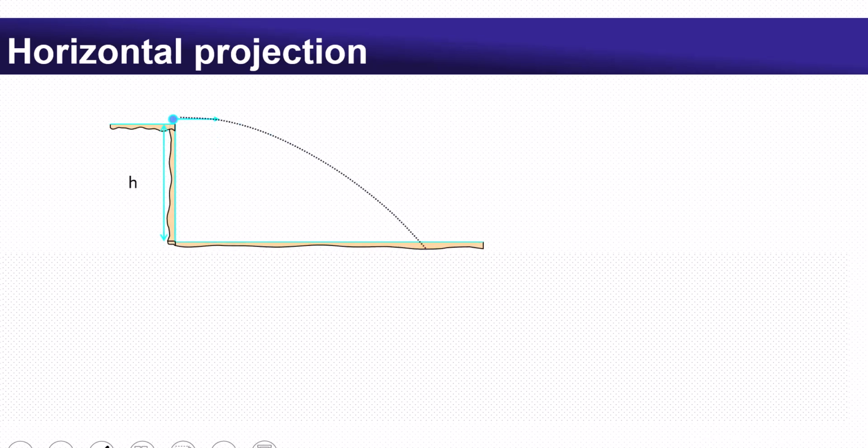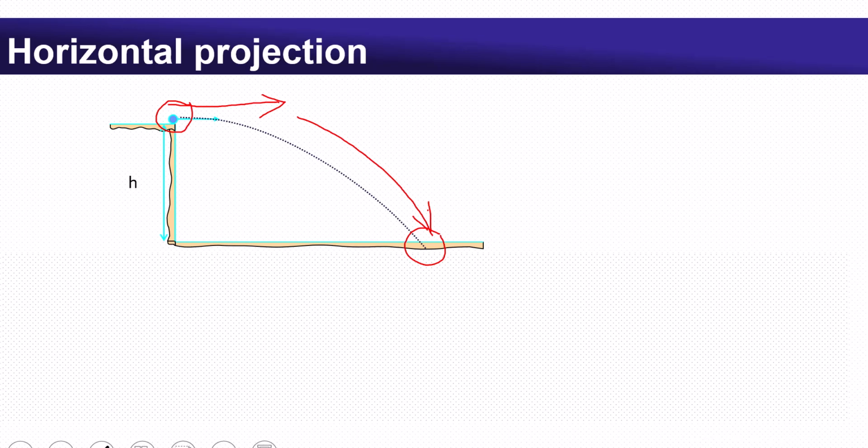When you look at this stone, it was projected from this point here, and it moved all the way up to this point here. But when you look at the way it was projected in a horizontal direction, and then it moved downwards until it reached this point. So this kind of projection, we call it horizontal projection.